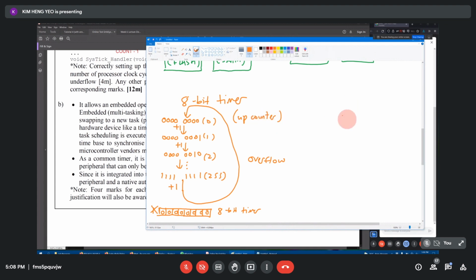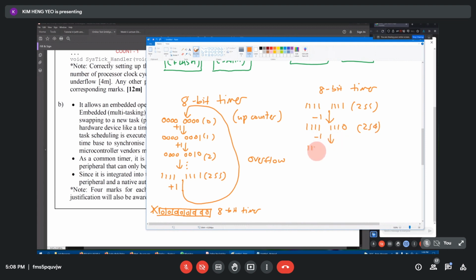If I have a down counter, it starts with 11111111, which is 255. I have an 8-bit timer; yours is 32-bit, but I don't want to write so many ones, so I just use an 8-bit example. If you minus 1, count down by 1, you get 11111110, which is 254.